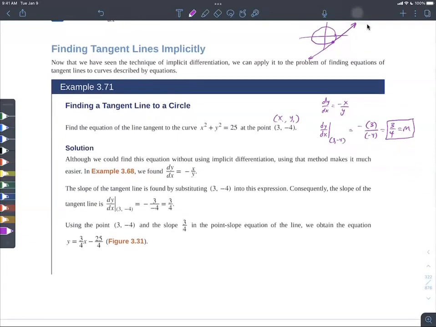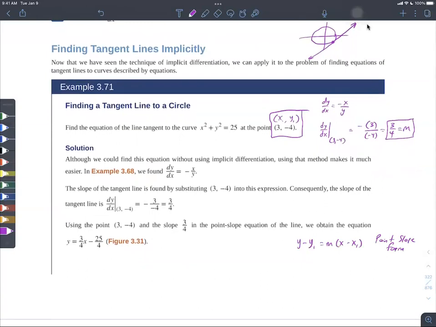Okay, so we have that slope, and then we have our point. And so now we can easily just plug into y minus y1 equals m times x minus x1. This is the point slope form for the equation of a line.